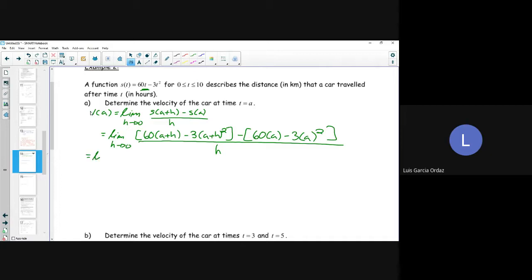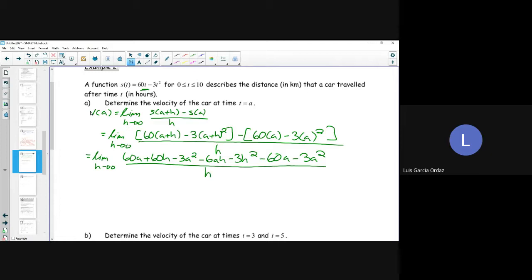So we get the limit as h approaches 0 of 60a plus 60h, minus 3a squared minus 6ah minus 3h squared, minus 60a minus 3a squared, all over h.